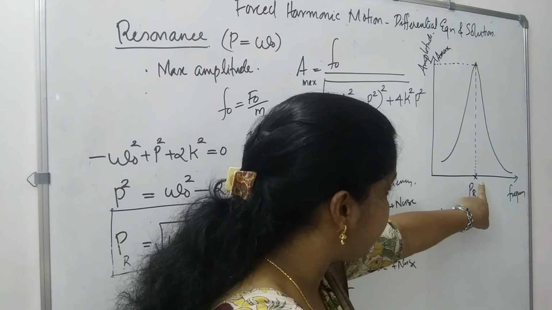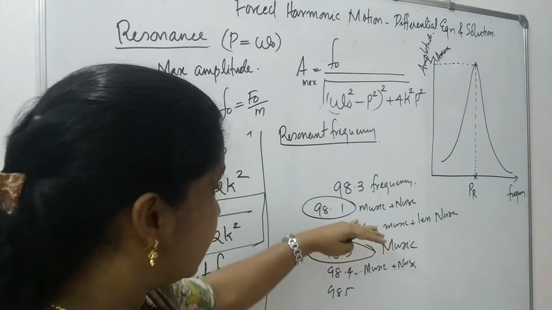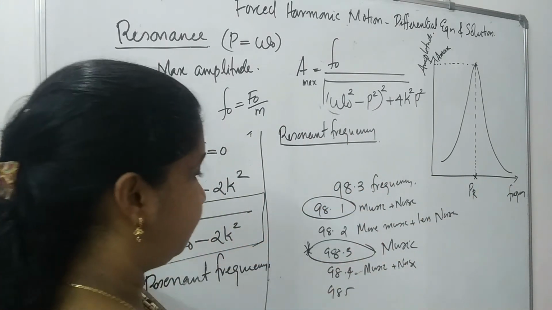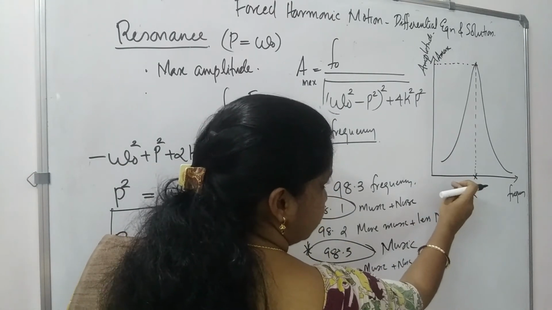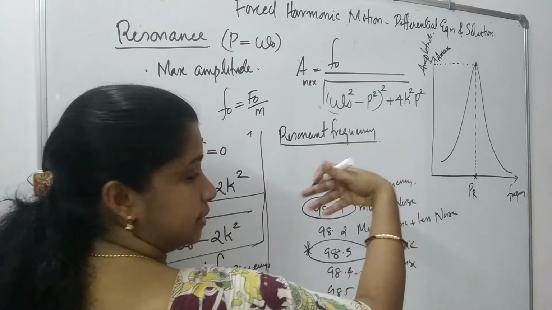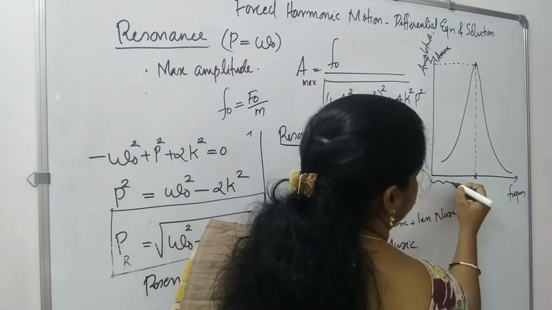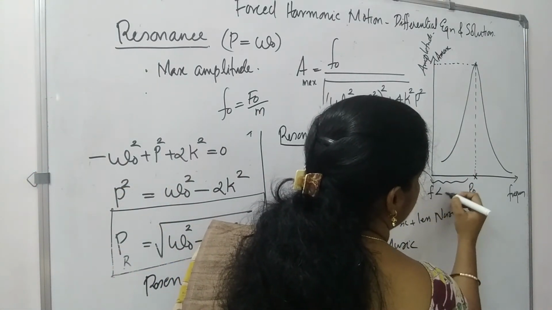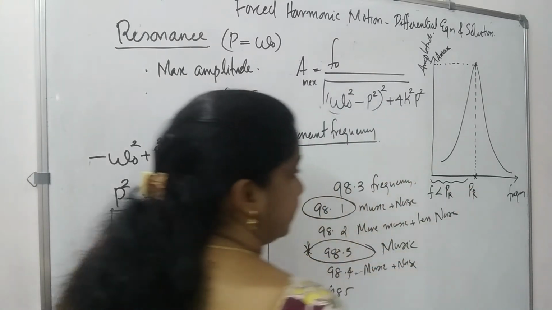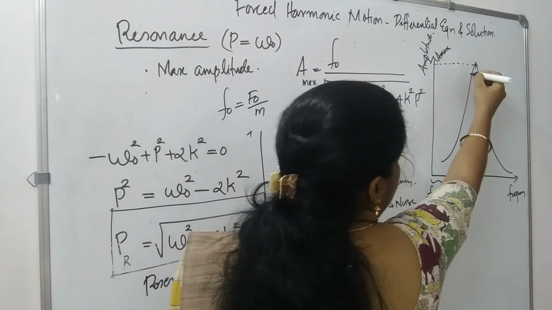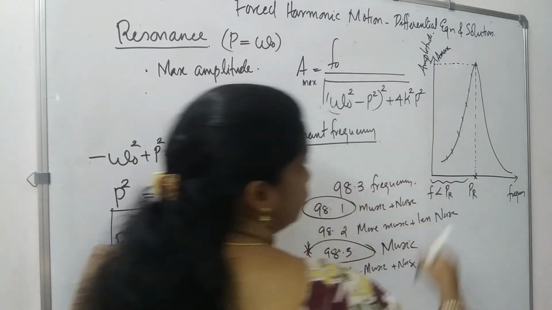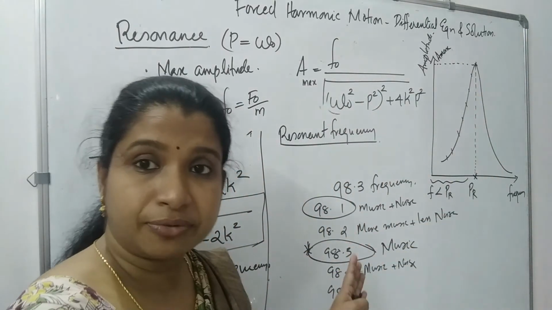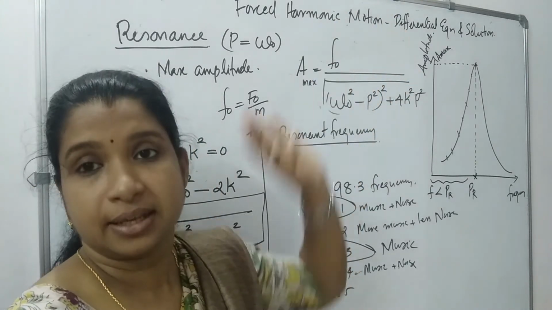If the frequency value is less than the resonant frequency, that is 98.2, 98.1, 98 etc., this region is frequency value less than PR. In this region, amplitude is found to be decreasing, which in the case of a radio station means noise is increasing.